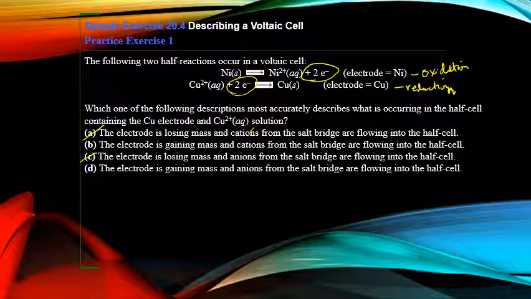To have charge neutrality within the solutions, because I'm losing the positive charges, I know that the cations will flow into the cell compartment. So my answer would be B, and I can eliminate D.